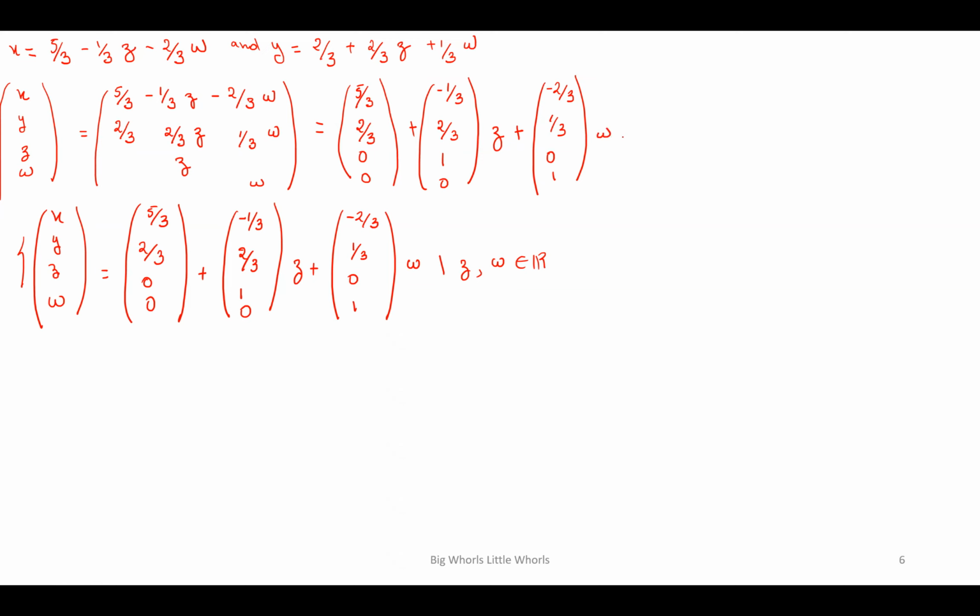So I think we have answered the first question, find the solution set of the system. And the second part is asking us to identify the particular and the homogeneous part of the solution.